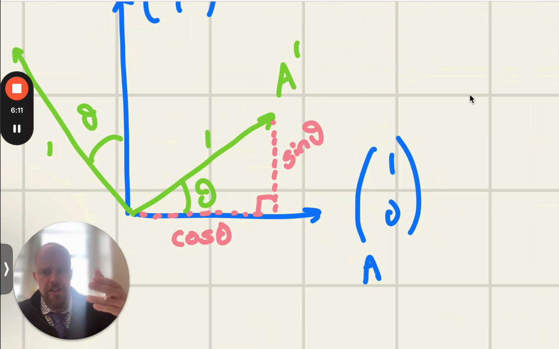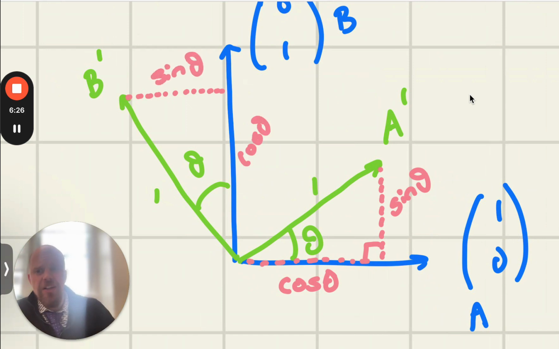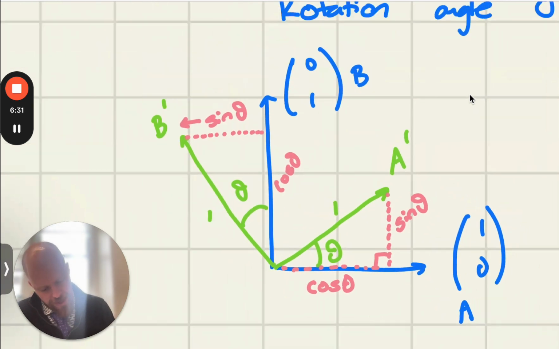Don't forget, cos is adjacent over hypotenuse, and the hypotenuse is 1, which means that cos is the adjacent. Exactly the same logic here would mean that the height is cos theta, and the width is sin theta, but it's going to the left, which would mean that this is going to be a negative value.